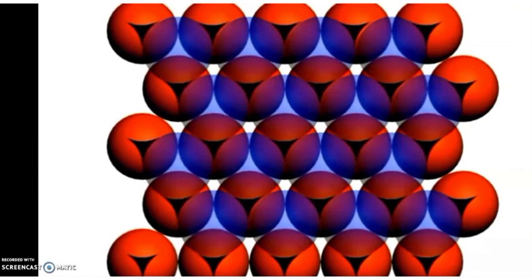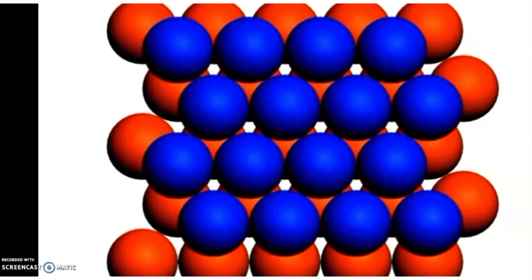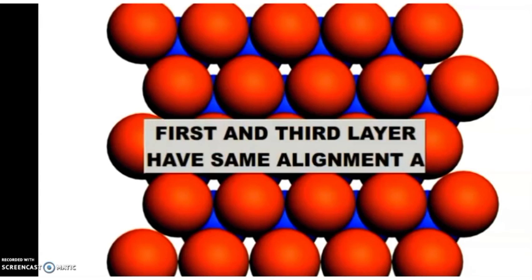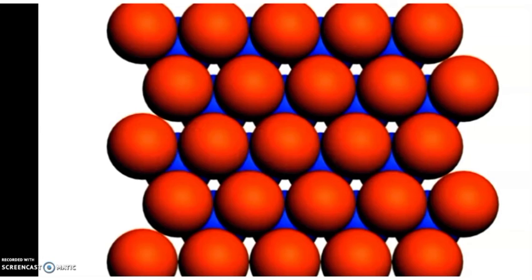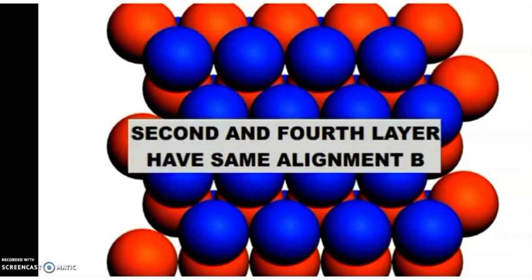So tetrahedral voids will be there and octahedral voids will be there. If we put a third layer, it can be AB type, where the first and third layers have the same alignment. And we'll see what type of structure we get.